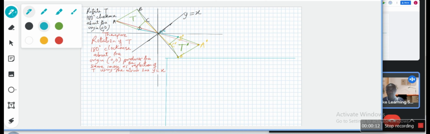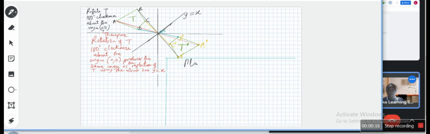Assuming you are asked to plot the graph of y equal to 3 sine x. It's not a big deal, for maybe 0 less than or equal to x less than or equal to 360.